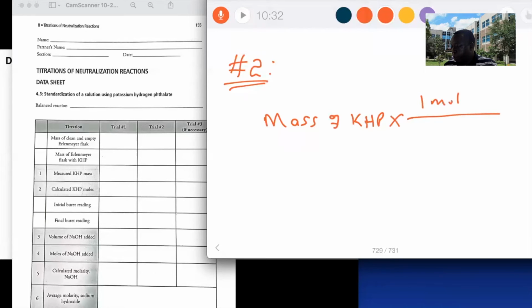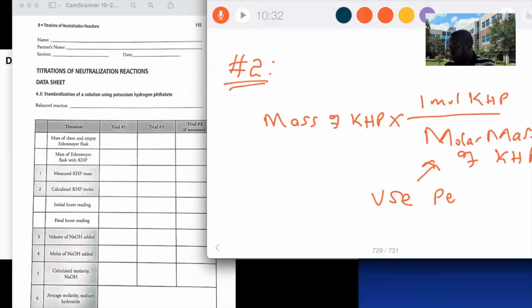This is from the molar mass. 1 mole of KHP weighs the molar mass of KHP. Use the periodic table to find this. That's what you need to do for line 2.